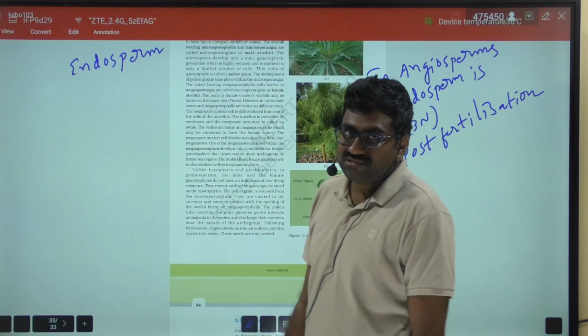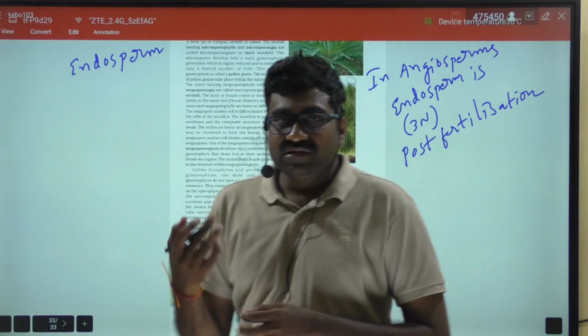The function of endosperm is that it nourishes the developing embryo.